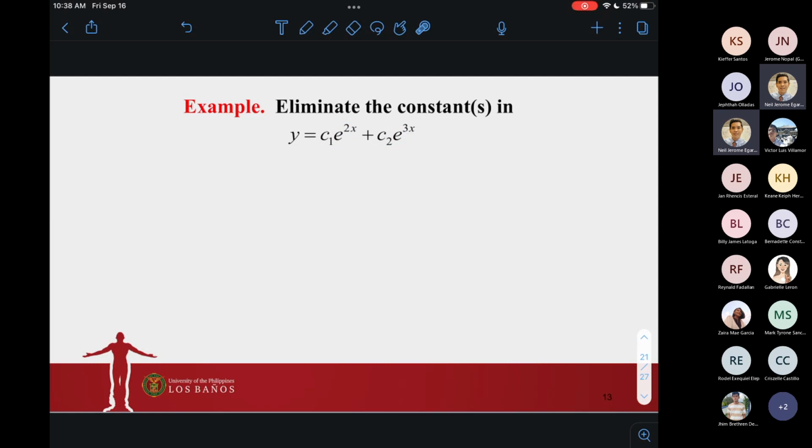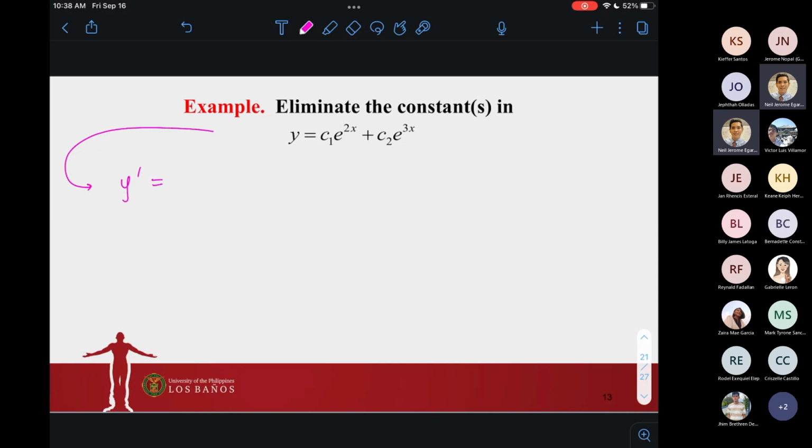So ibig sabihin, this is a 2-parameter family. Ang parameters natin si C1 at saka si C2. Now, dahil 2-parameter family, we can differentiate at most twice and hope that the constants will be gone by then. All right? So let's see. Let's start the process and compute y prime first.